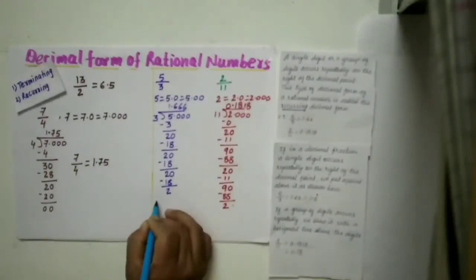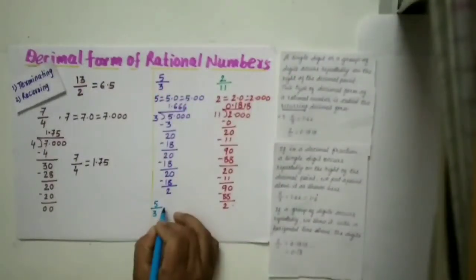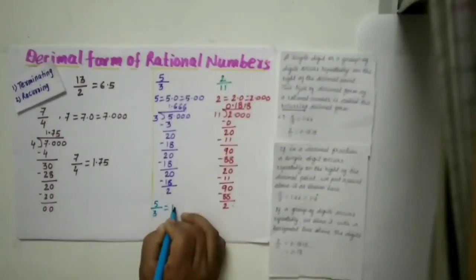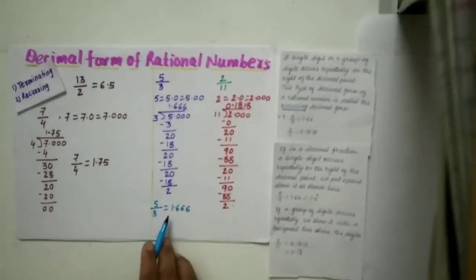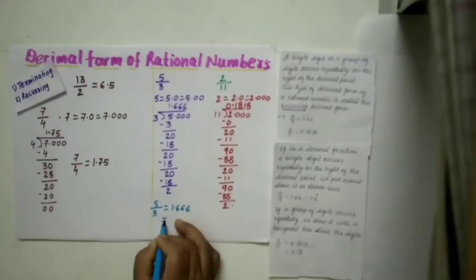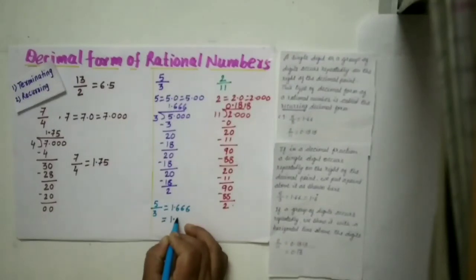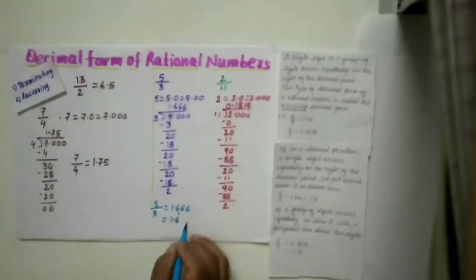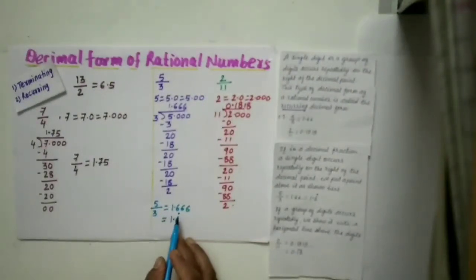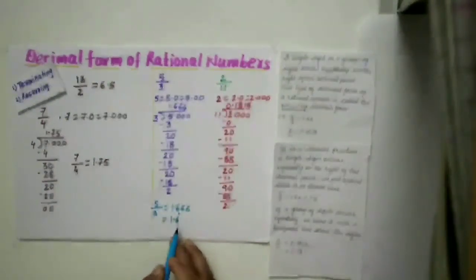The answer for 5 by 3 is 1.666, but we never write like this. We put a point above it as shown. Just write 1.6 and put a point on the last digit, the one digit. In this way we write.